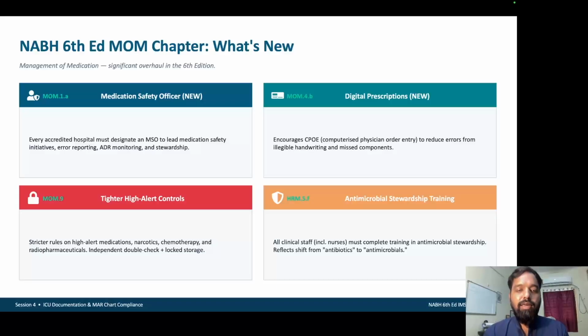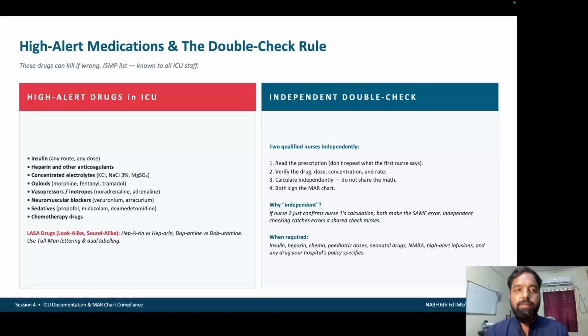And tighter high alert controls, strict rules on high alert medications, narcotics, chemotherapy, and radiopharmaceuticals. Independent double check and locked storage is necessary. And antimicrobial stewardship training. All clinical staff, that includes staff nurse, must complete training in antimicrobial stewardship. It reflects the shift from the term antibiotics to antimicrobials.